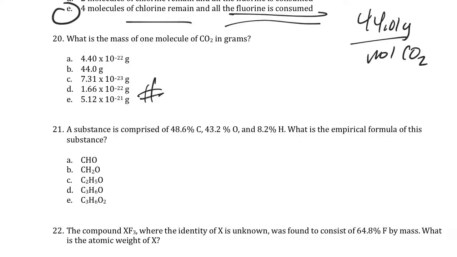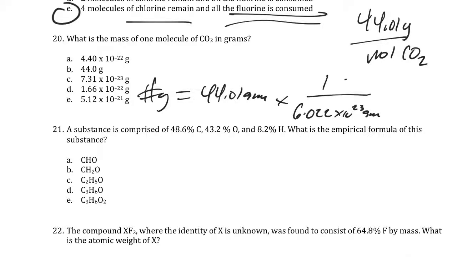The number of grams would be equal to 44.01 AMU is the mass of 1 molecule, and then there's an Avogadro's number of AMU in 1 gram. And so then that's going to lead to probably D or E.